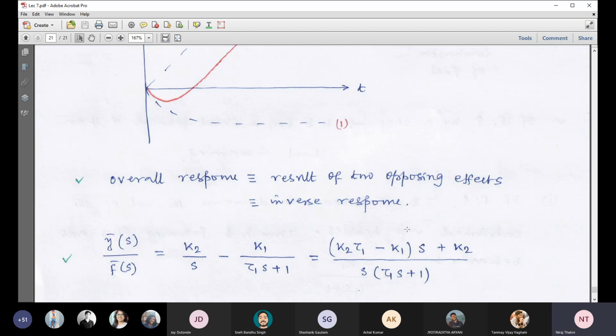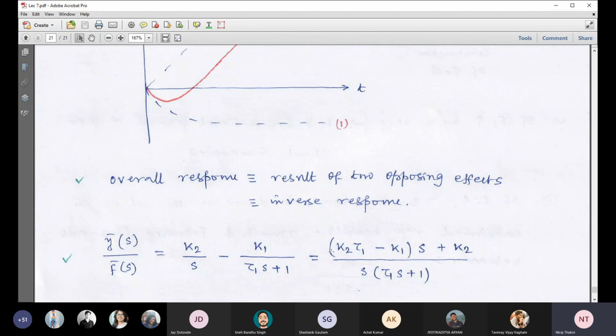I mentioned before that if we consider this numerator equal to 0, we get the roots which are called zeros of the system. If we consider this denominator equal to 0, we get the roots, and those roots are called poles of the system. I repeat, it is basically the ratio of two polynomials.